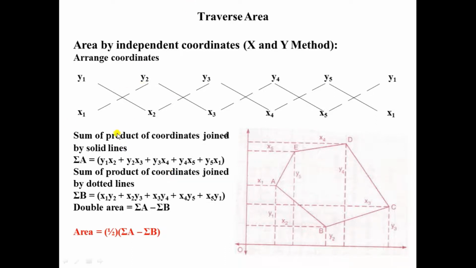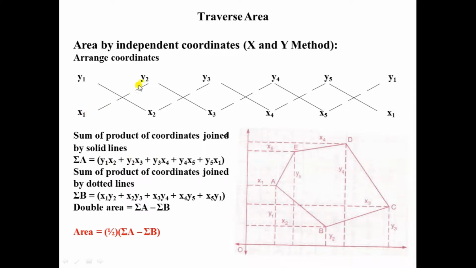Now we have some coordinates X and Y. First we have to arrange the coordinates in row form, X and Y. After that we apply the cross multiplication process, and we get the reading by summation of the cross multiplication of each and every coordinate.